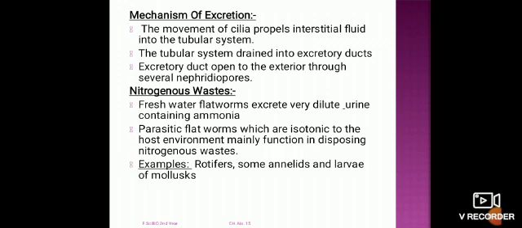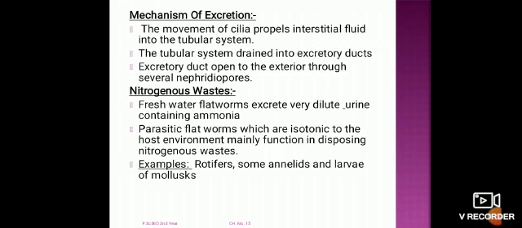The mechanism of excretion shows that the movement of cilia propels interstitial fluid into the tubular system. The tubular system removes the waste into the excretory ducts, and these ducts open to the exterior through several nephridiopores.